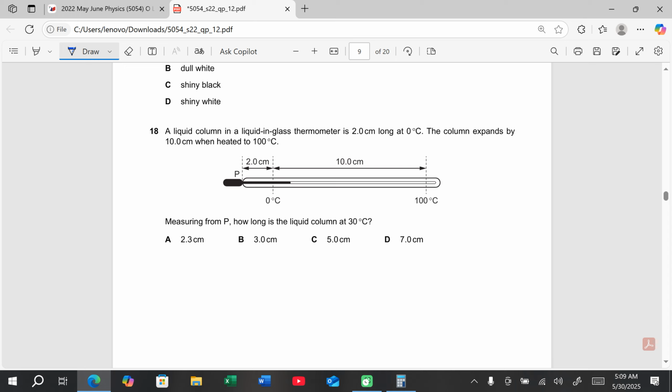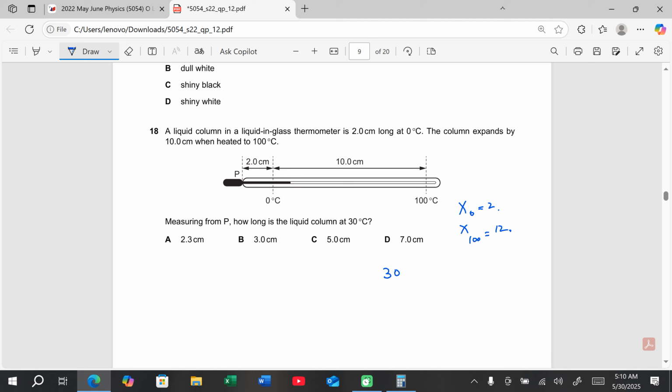Its ice point is given as 2, steam point is given as 12, and it asks at what temperature the 30-degree measure is.